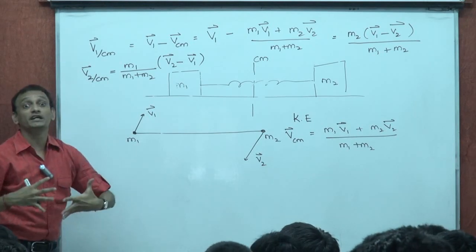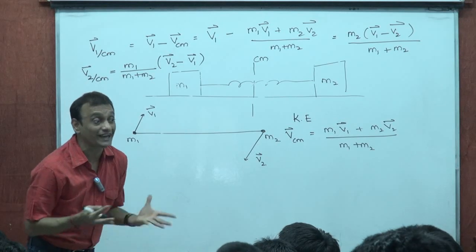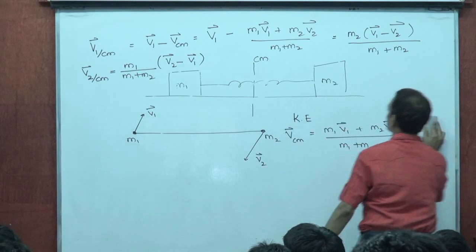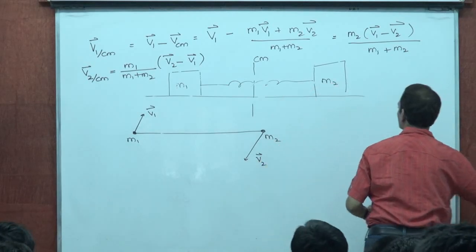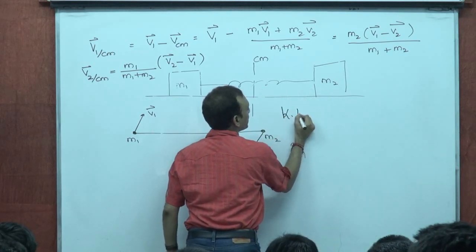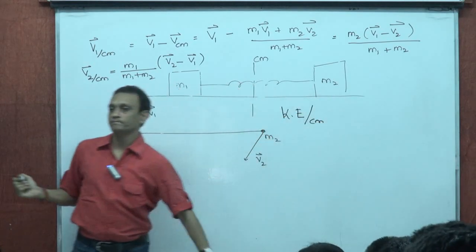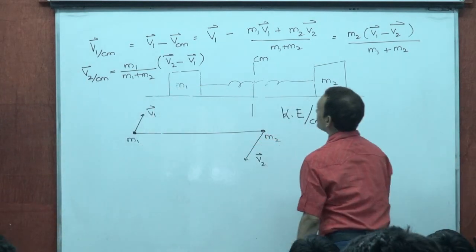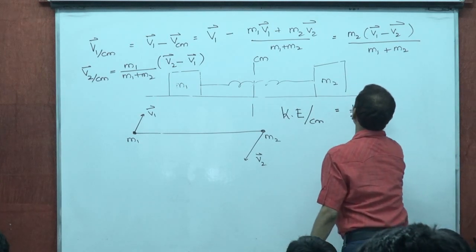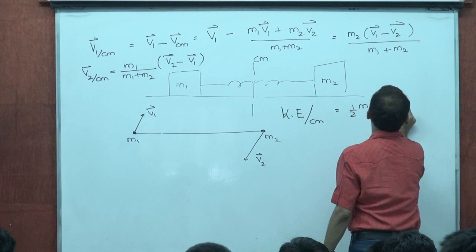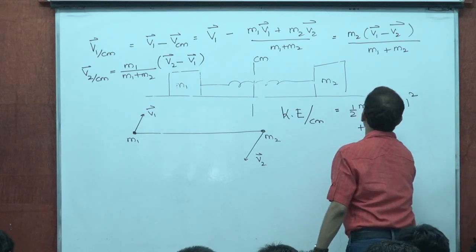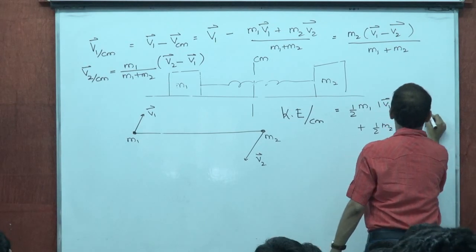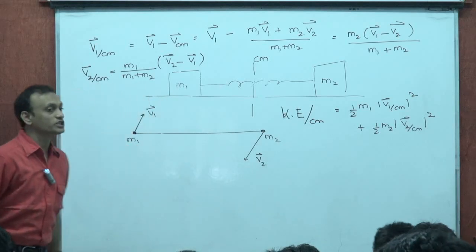Now, the kinetic energy of the system as seen in the center of mass frame is going to be half of M1 mod V1 CM whole squared plus half of M2 mod V2 CM whole squared, right? That's the kinetic energy in the center of mass frame.